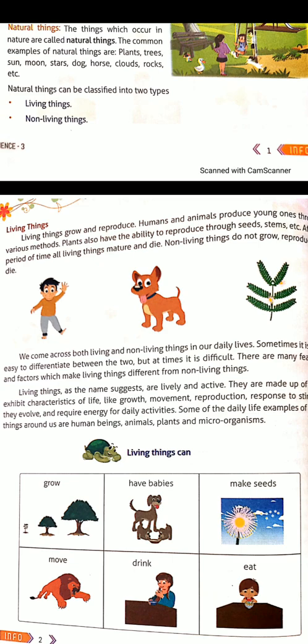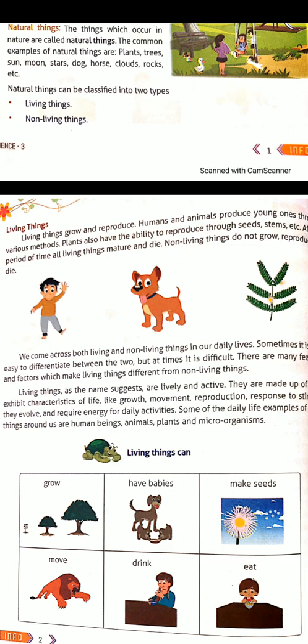Okay, do we require food? Yes, human beings require food. Food will give us the energy. So human beings also require energy. Do we move from one place to another place? Yes, we move from one place to another place.